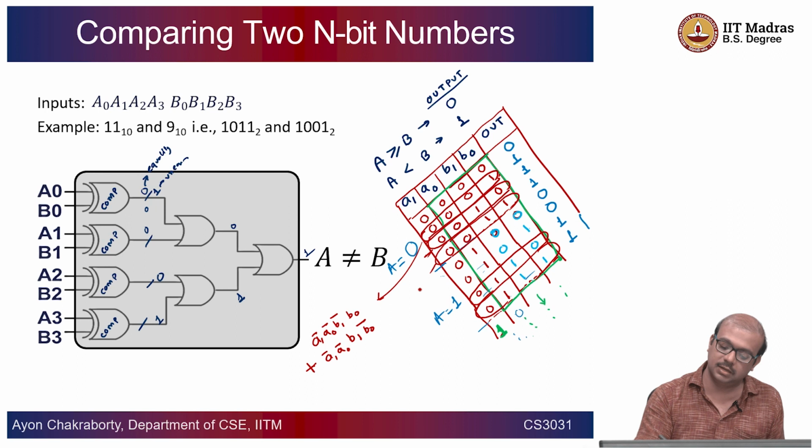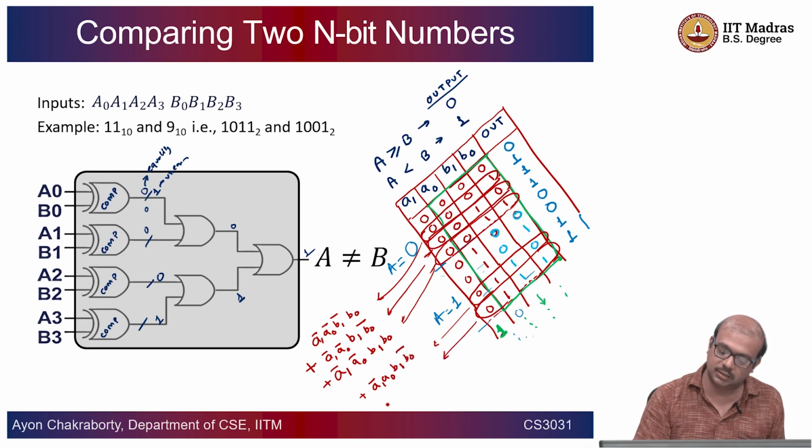So, the last one is here A1 bar, A0 bar, B1 B0. So, these are the first three. If you take this one, this will be plus again A1 bar, A0 because this is 1, then B1 B0 bar, then the next one can be A1 bar A0, right, and followed by B1 B0.